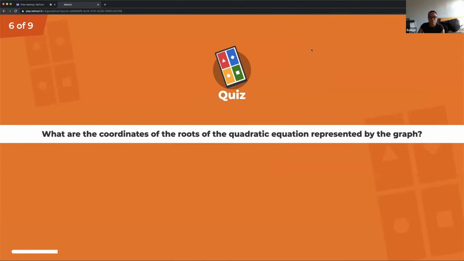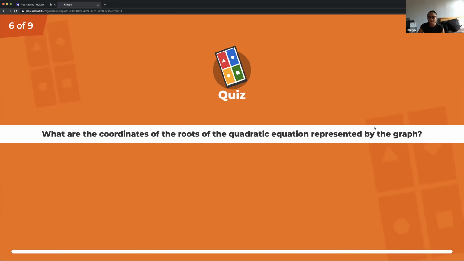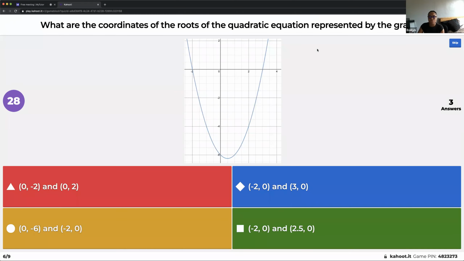Next one, what are the coordinates of the roots of the quadratic equation represented by the graph? So have a look at the graph. Think about what is a root.